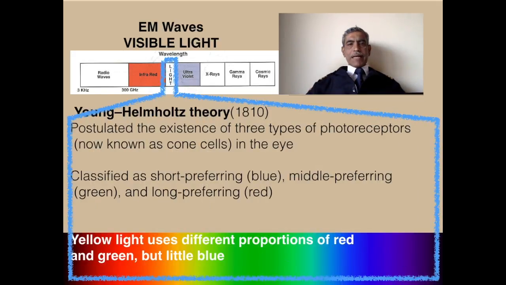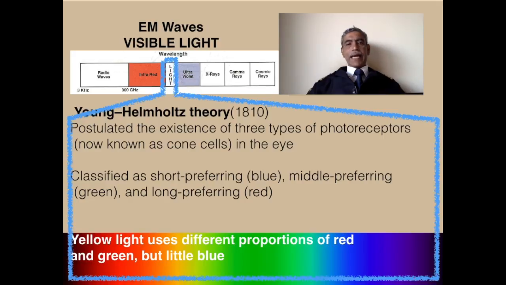The visible spectrum is important, I thought. There is a scientist, and they came out with the theory, the Young-Helmholtz theory, in the year 1810. They talked about three types of photoreceptors in our eyes. We all learned about rods and cones when we learnt about the anatomy of the eye, right? So it is the cones that we are referring to.